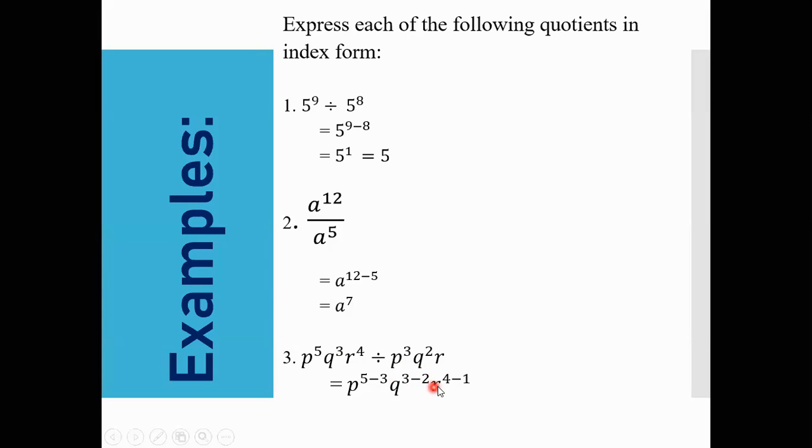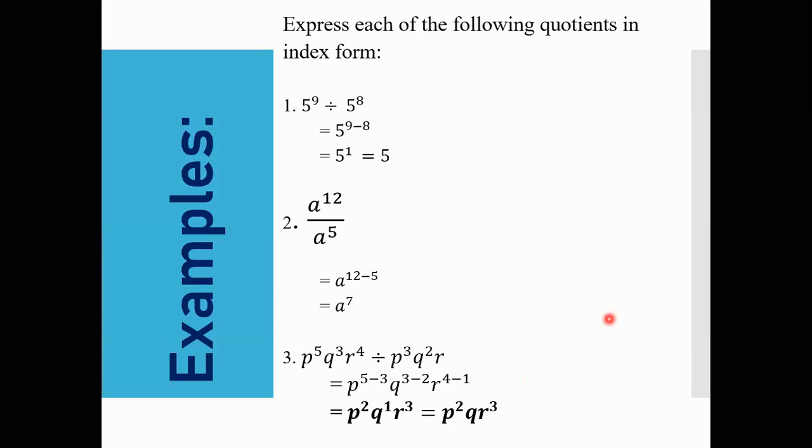And then you just simplify. So the final answer will be p squared, q to the power of 1, r cubed. Or if you want to rewrite it, where the 1 on the q is silent, as we said, your final answer will be p squared q r to the power of 3.